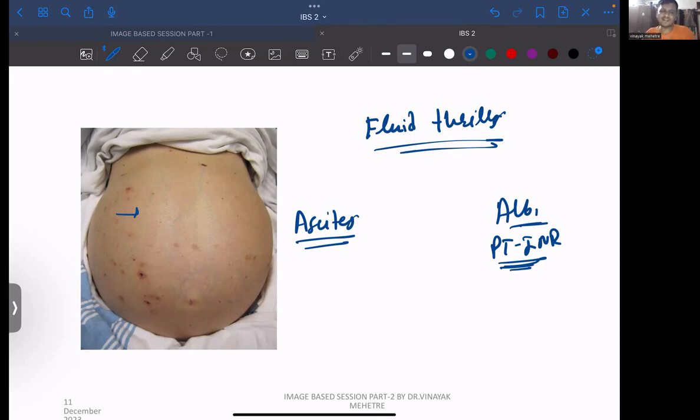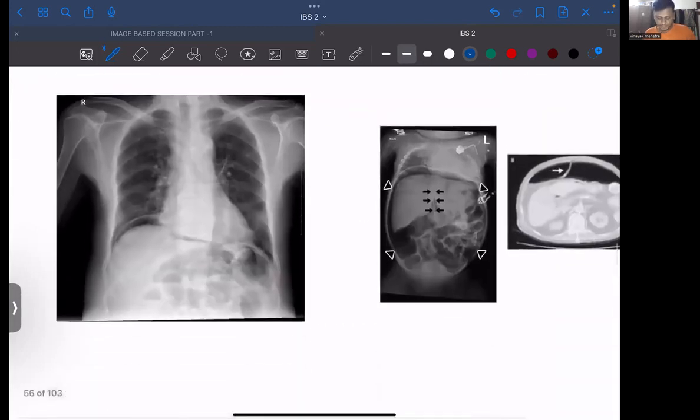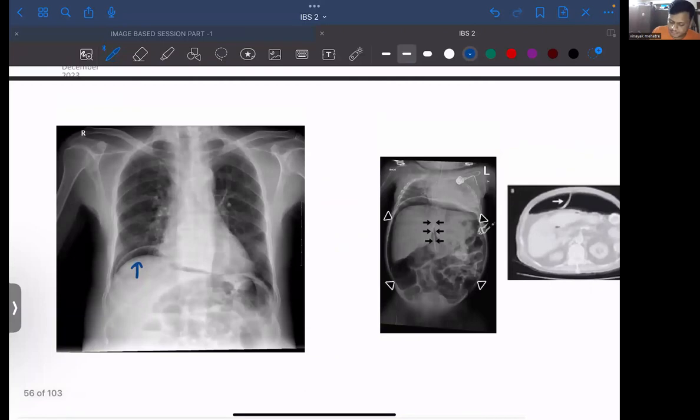Biochemistry, medicine, everything comes when it is all about practical knowledge. Air under the diaphragm is called, कहाँ मिलेगा हमें? Abdominal perforation.